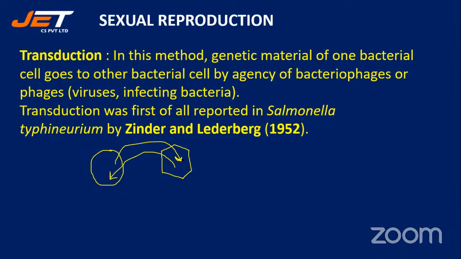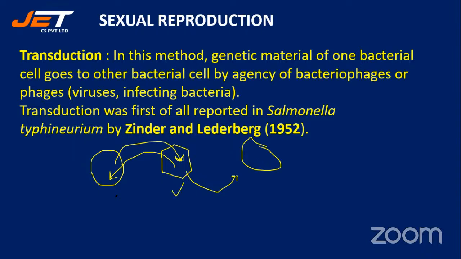When this virus infects another bacteria, the genetic material of the first bacteria, which has now entered this virus, will be transferred into this bacteria. So this is the process of transduction. Is the process of transduction clear?